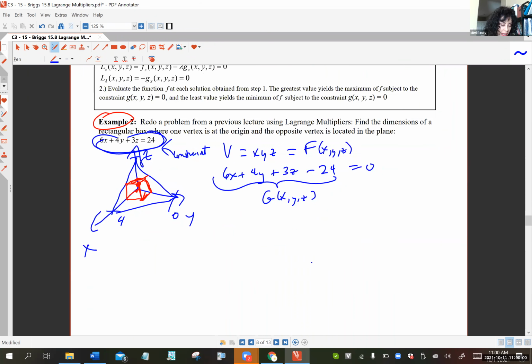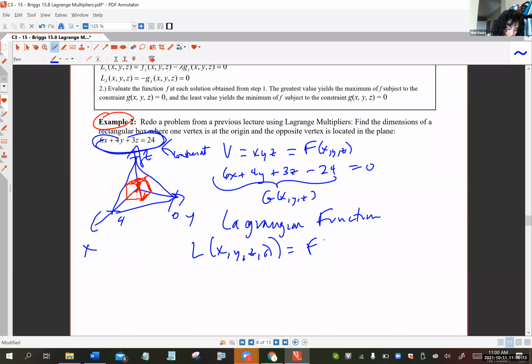and z. So now my Lagrangian function, remember that's what I refer to as big L. Big L is a function of 4 variables. It's going to be the function you're optimizing minus lambda times your big G, your constraint. Okay?